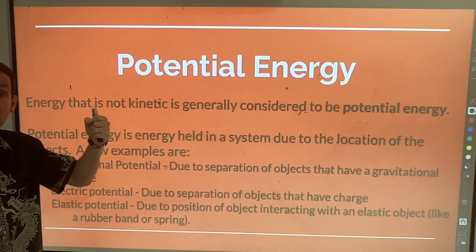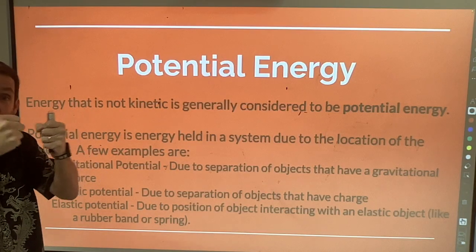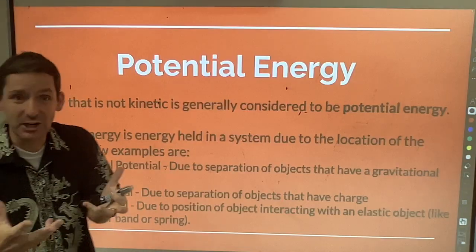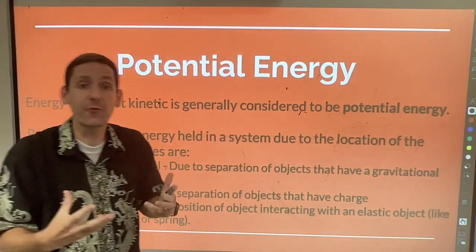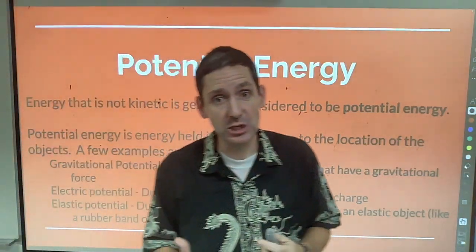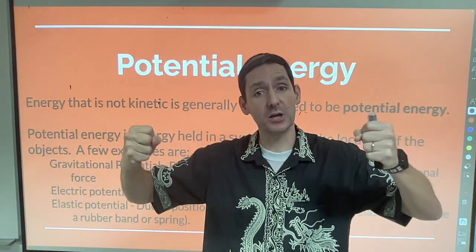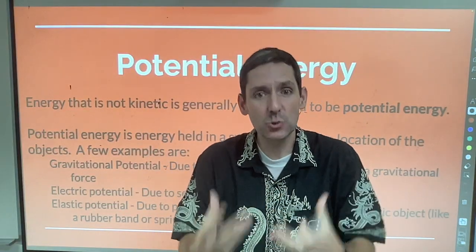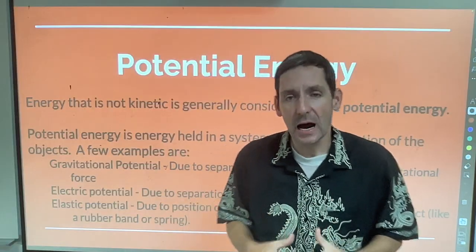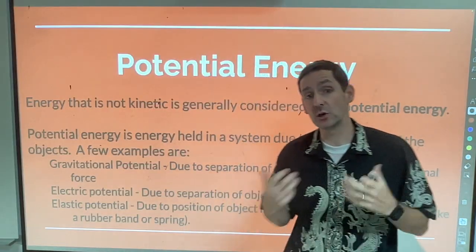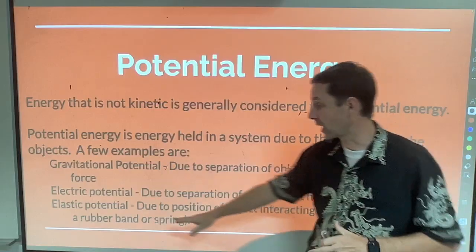That potential energy, as they are attracted together, can turn into kinetic energy, right? And so therefore, gravitational potential energy is due to the location of 2 objects and the gravitational force between them, an interaction between them.